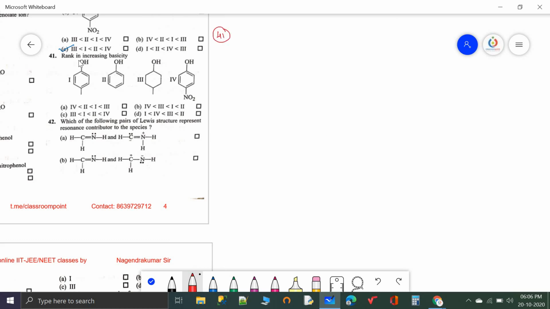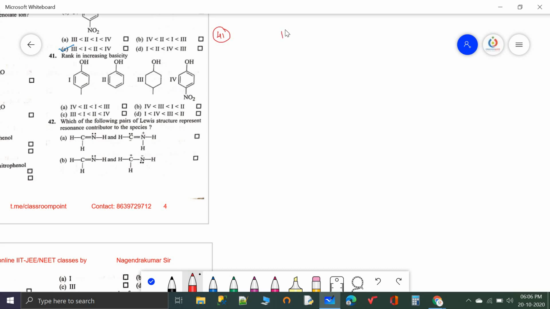Here also, rank in increasing basicity they are asking. Increasing basicity means the starting one must be the strong acid. So first the strong acid, next the weak acid, like that we have to go. When acidic nature decreases, automatically basic nature increases. Among all these, this is the normal alcohol, and these are the phenol parts.